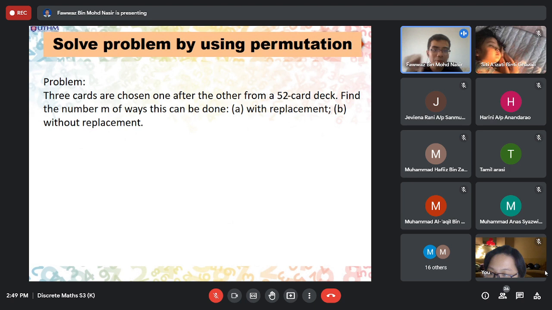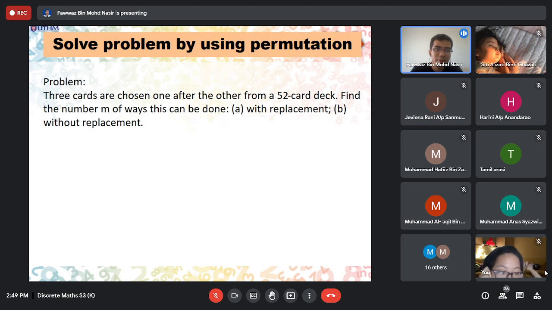Okay, tengok dia punya problem dia. Kalau there are repeated elements dalam problem tu, so you need to use formula yang with repetition. Okay, tapi kebiasaannya problem yang diberi is without repetition.